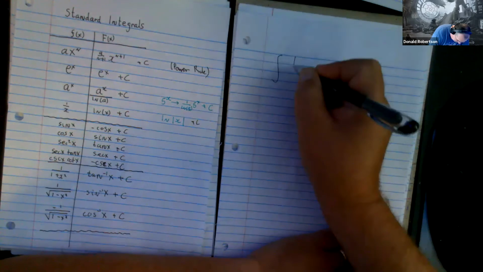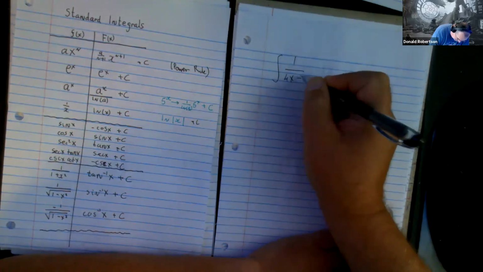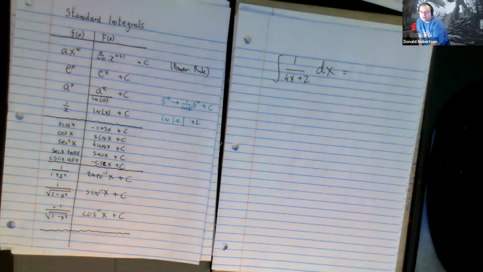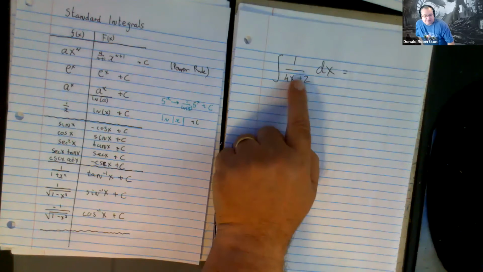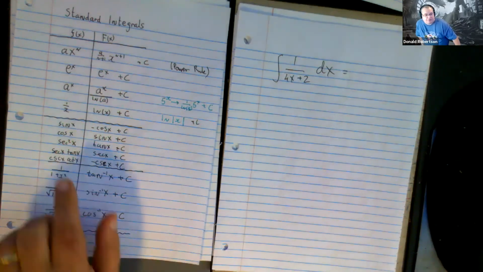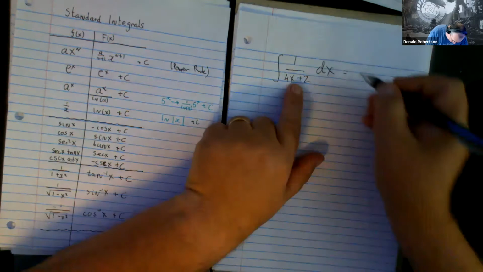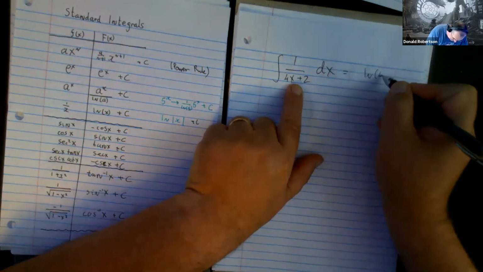Suppose I do this fella. Okay. This guy is a version of this one. Would you agree it's a linear combination of 1 over x? Now, you integrate 1 over x, you should get the natural log of that guy.